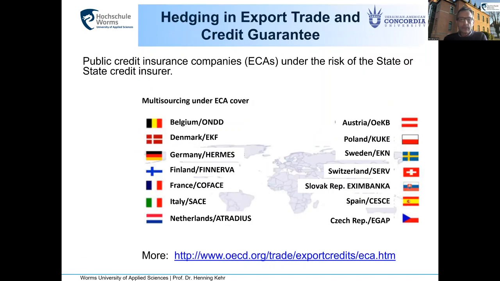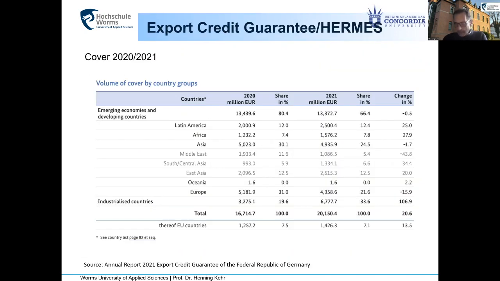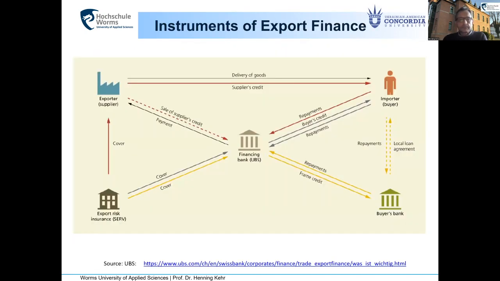How to do that? I skipped some slides to give you some examples. Remember, Export Credit Agency, that's a part here below in the left low corner.